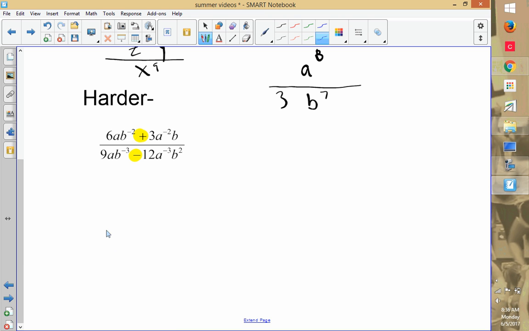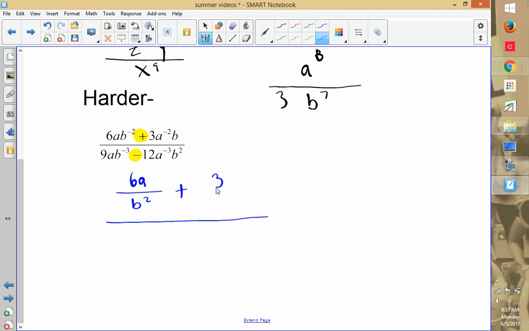We are going to have to look at what each term is individually. So to start here, I really have in this first term 6a b to the negative second. It's the same thing as 6a over b to the second. So I'm actually going to represent each term in this fraction. I'm going to make the fraction within the fraction so I can see what's going on. In the second term in the numerator, the a to the negative second needs to move to the denominator.